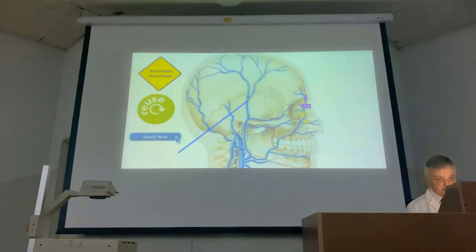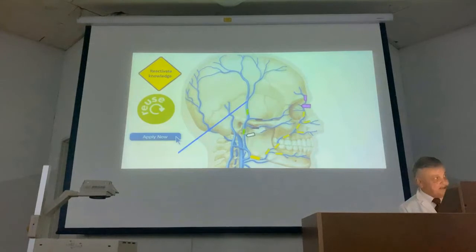Then starts as the facial vein, the external facial nasal, then continues as the facial, comparing these branches to the arteries, and then it comes to this point and it joins what? It joins a branch coming from the superficial temporal vein, receiving the two transverse facial veins, and this vein is called superficial temporal vein.